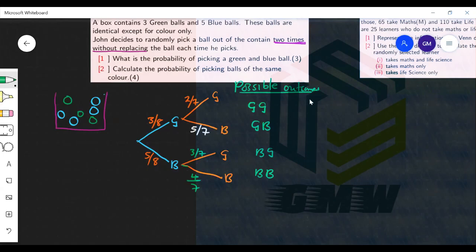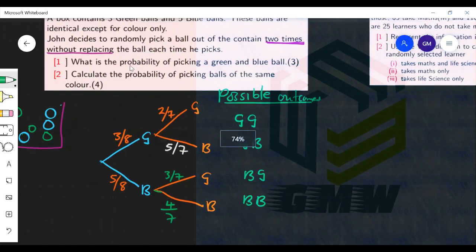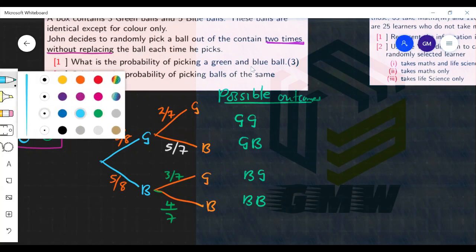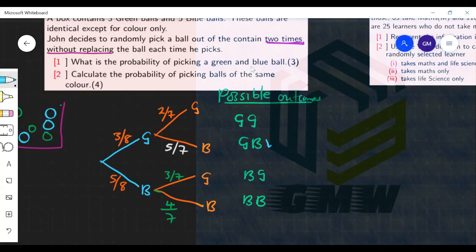Now, if you look at the question, it is saying, what is the probability of picking a green and a blue ball? So we answered this already in the first question. It's either green and blue or blue and green, right? Yes. The rest is the same. We only needed to pay attention to this without replacement. So you finish these questions.